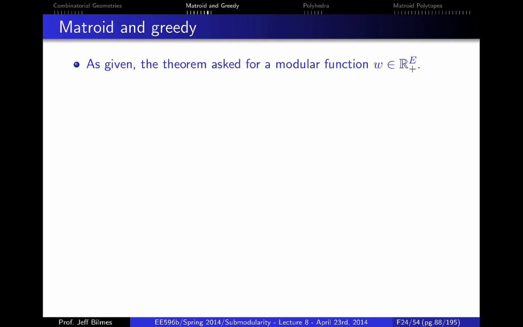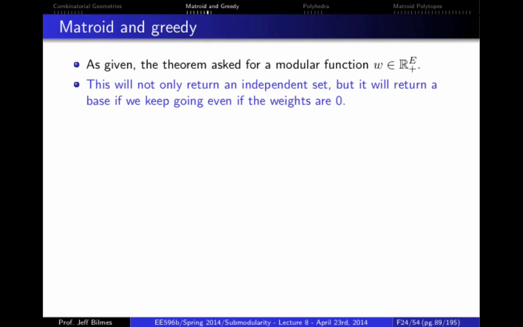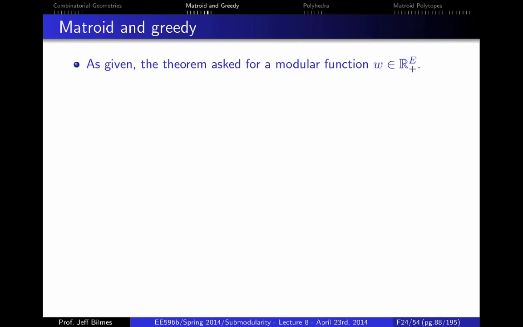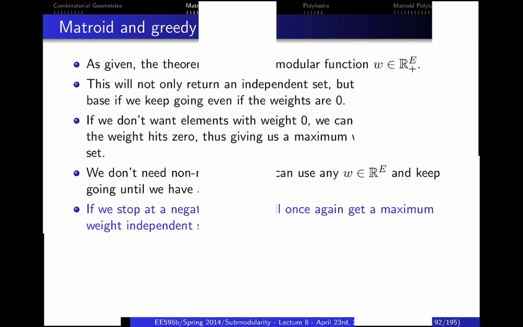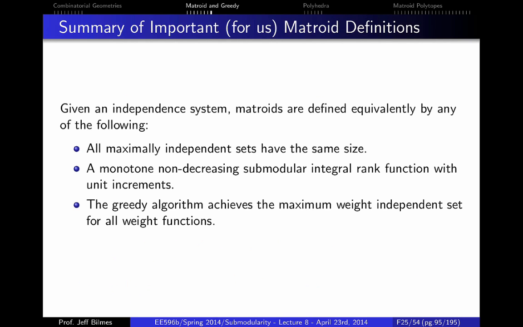So what does this mean? Let's just summarize. The theorem asks for a non-negative modular function. These are just some other facts. I think I have a review over here. I don't think this slide is that important. What this means is the following.